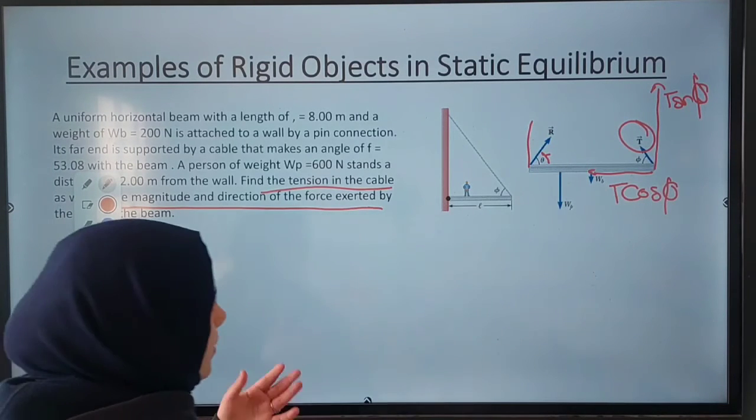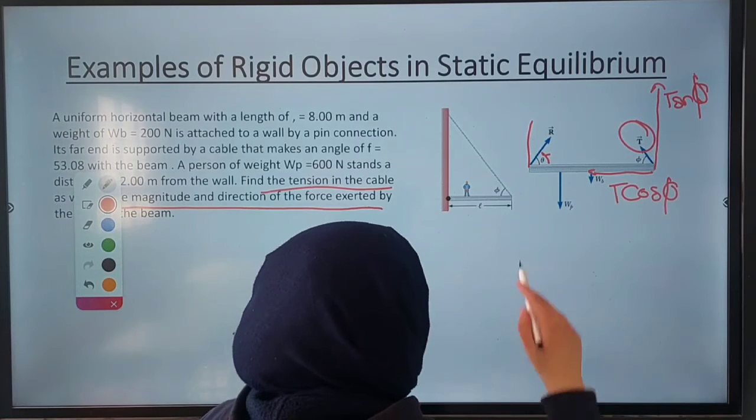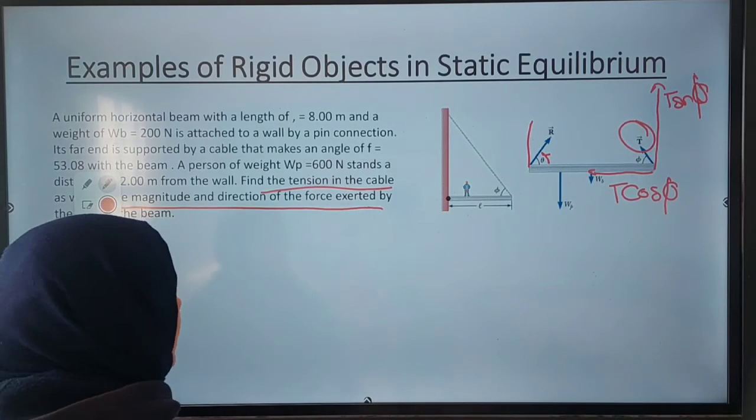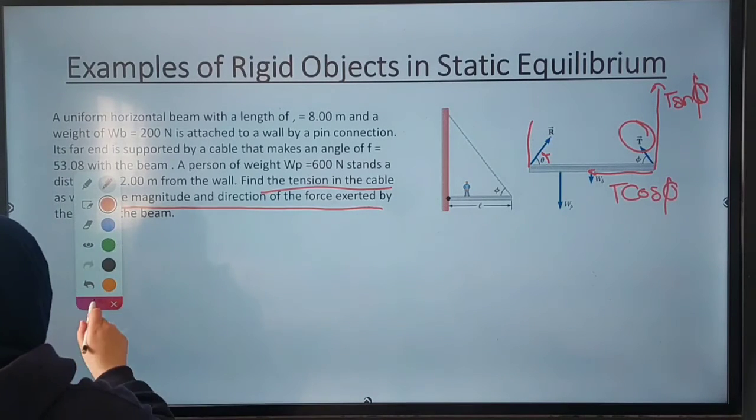So we are going to make the summation of all the forces in the y-axis and the x-axis. Let's take the y-axis first.